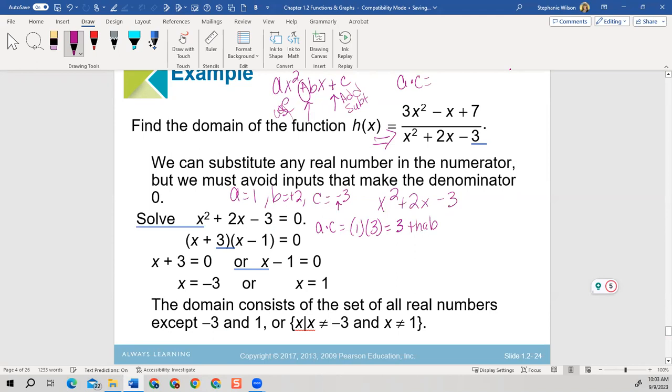Now let's look at that sign on C, that subtracts to get a positive 2, which is my B, right? Well, the product of 3 is just simply 1 times 3. So if I subtract to get a positive 2, then that means the 1 needs to be negative and the 3 needs to be positive, right?